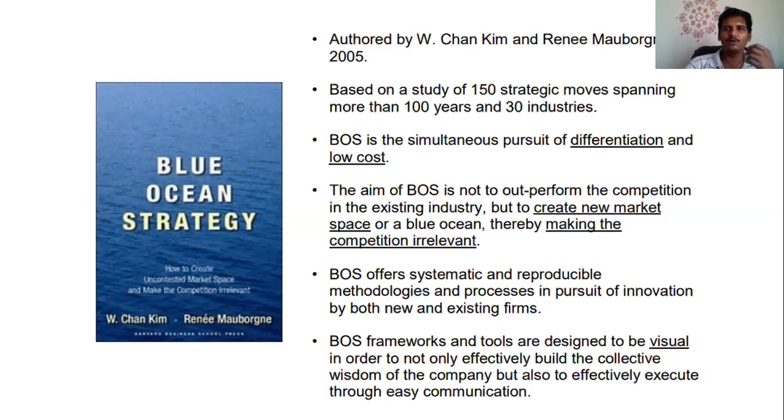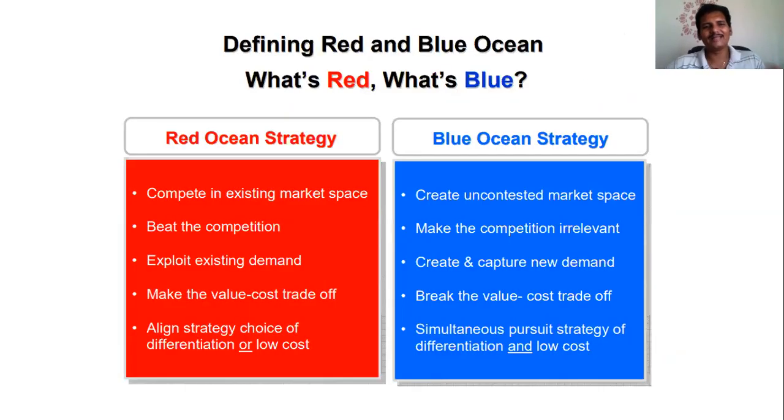So what essentially is a red ocean and a blue ocean? Say you take any industry. If in an industry there is a good number of competitors, this can be compared to a red ocean. A red ocean is an ocean full of sharks, and each tries to eat another shark. There is no free space at all.